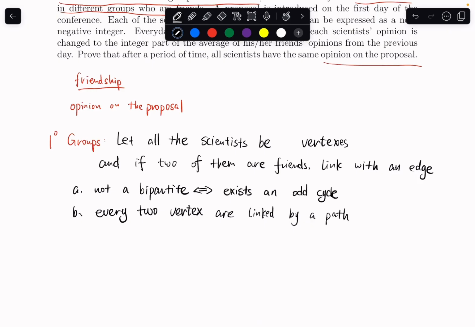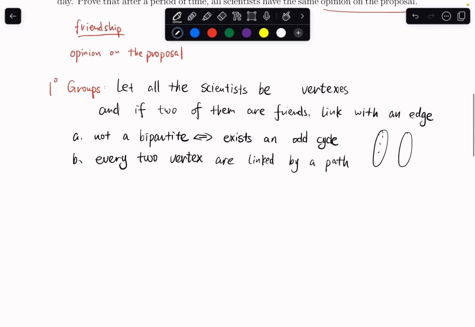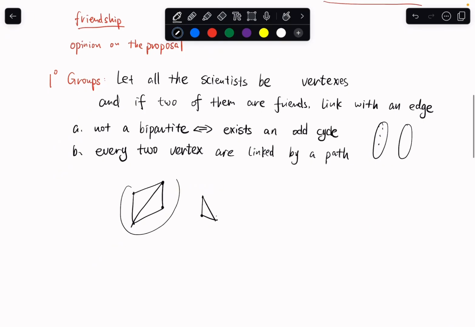This is easy to see, because if it is bipartite, then the points inside one of the parts have no edges, a contradiction. And if the graph is disconnected, there are two sets, and we can partition them like this.